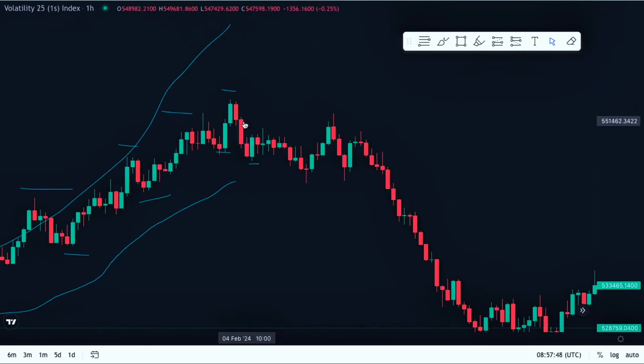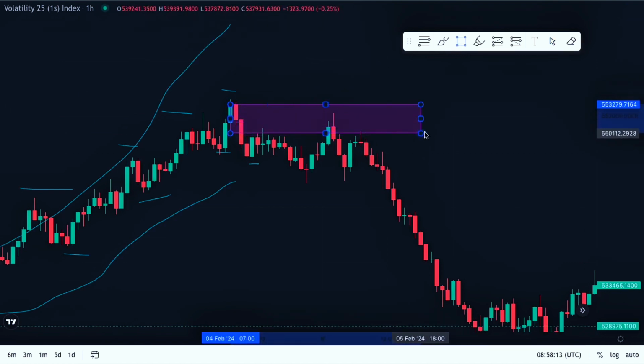So an order block is the last bullish candle before a downtrend, or the last bearish candle before an uptrend, the last down candle before an uptrend, or the last up candle before a downtrend. Okay, so here we have this order block. We can see this was our order block, and I always use the body of the candlestick to mark out the range. I ignore the wicks.